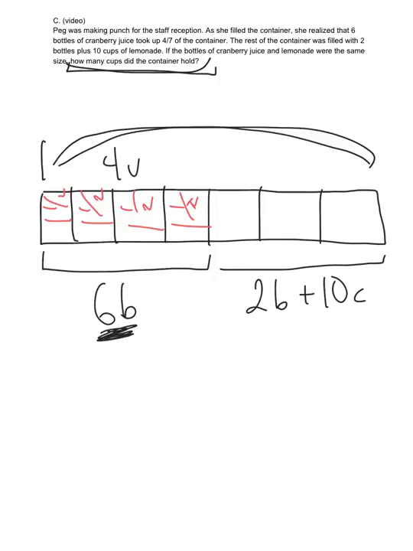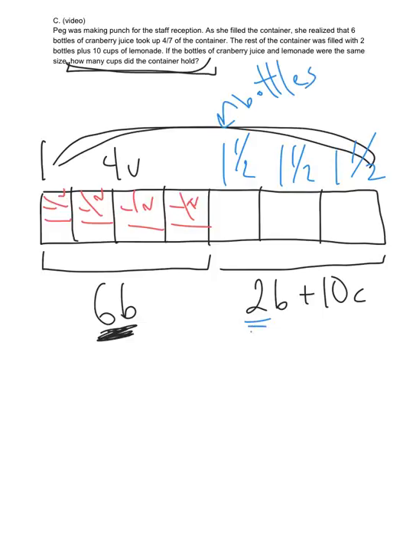So if I go ahead and put in here that this one is also worth 1.5, 1.5, and 1.5. Well, let's see. Here's 1.5 bottles. Okay, that is 1.5 bottles right there.